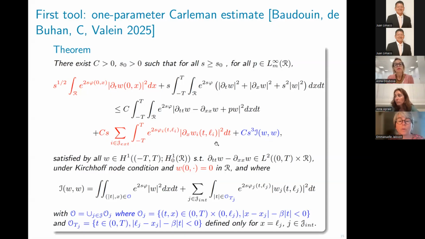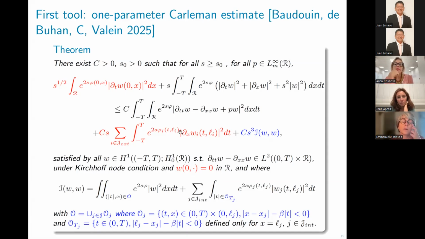So it's a new observation term. And here it's a little bit more complicated because here you have an observation on time and space. Okay, so O is a union of all these bounded domains here. And you will have also this integral here. And this integral, in fact, is for all internal nodes. Okay, so you will have an integral in time for all the internal nodes here. Okay.